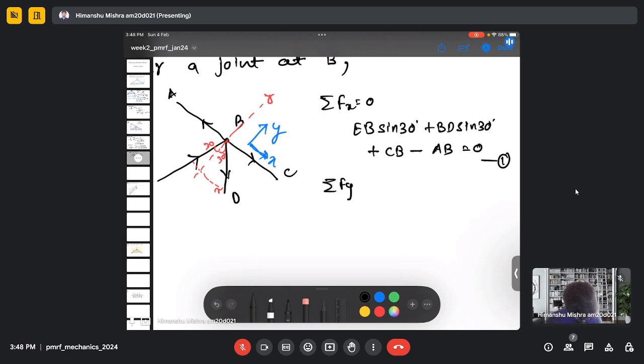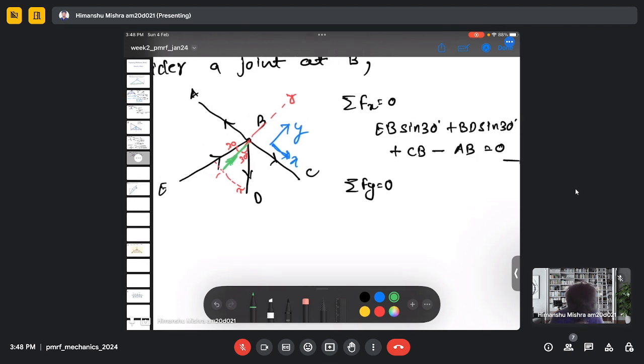And in the vertical direction, I have a force in this component. So it is acting along this green line. So first, my AB cos 30 plus DB cos 30.